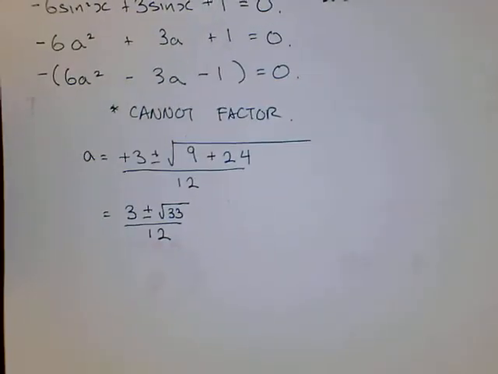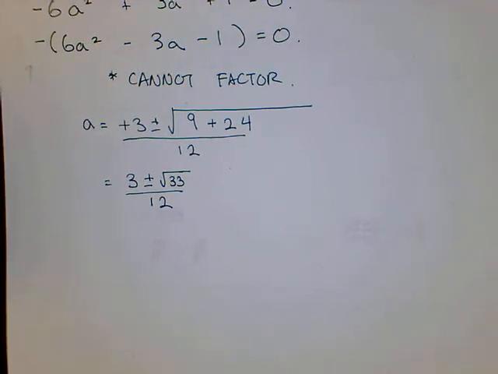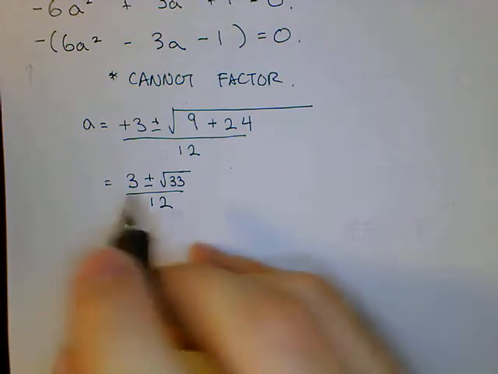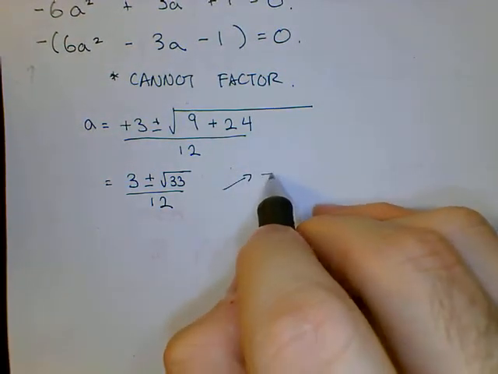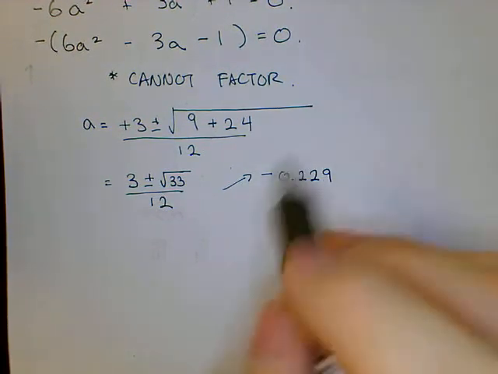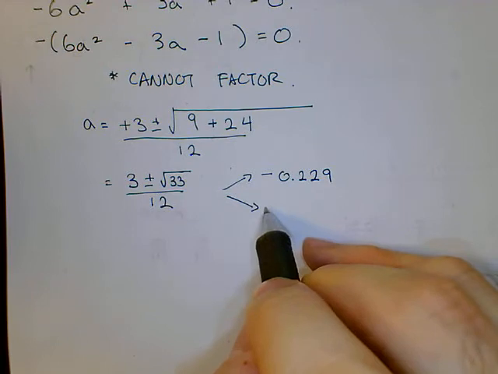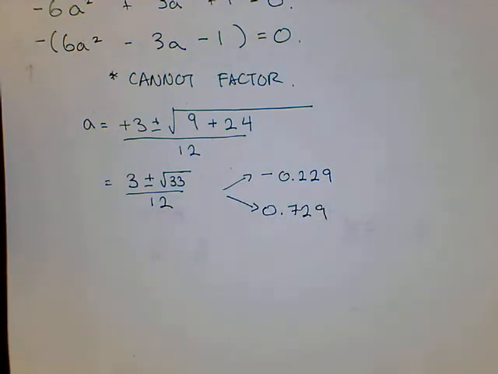If I can calculate what the a value is, then I can figure out what sine x is equal to as well. Based on my calculations, a is going to be negative 0.229 or positive 0.729.